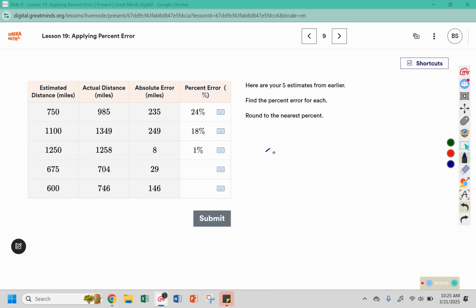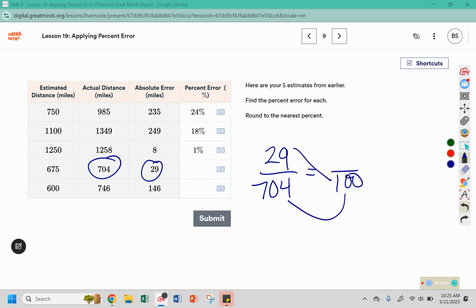Now we need 29 divided by the actual. Cross multiply, then divide by 704. 29 times 100 divided by 704 is approximately 4%.